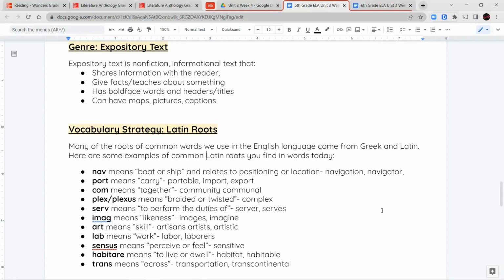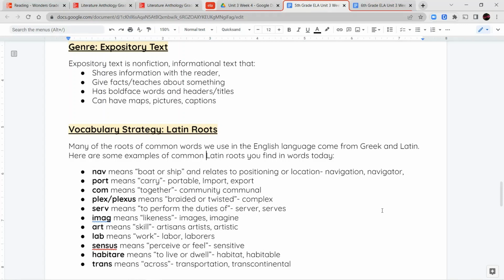Image means likeness. So if you're looking at images, you're looking at pictures of something. If you imagine something, you're picturing it in your head. Art means some kind of skill, like an artisan or an artist or someone who is artistic. Lab means work. So lab, L-A-B, or labor or laborers are performing some kind of work.